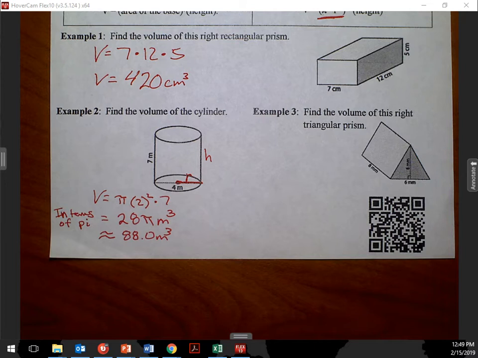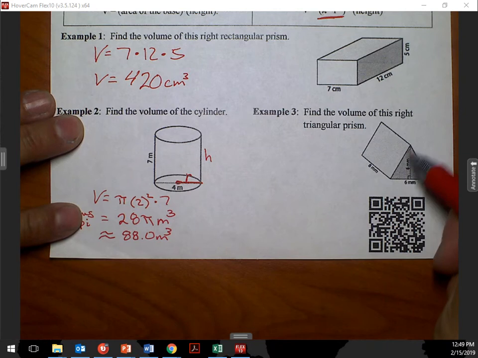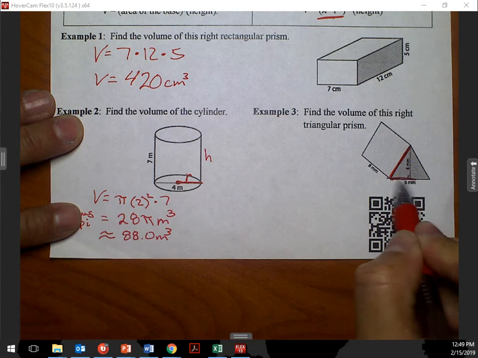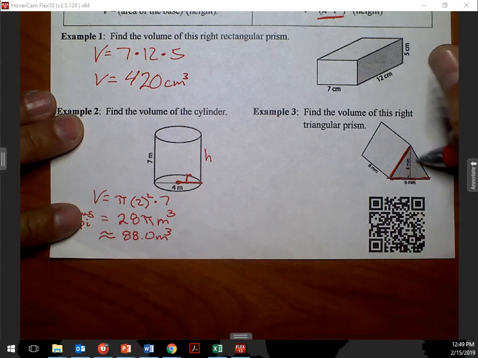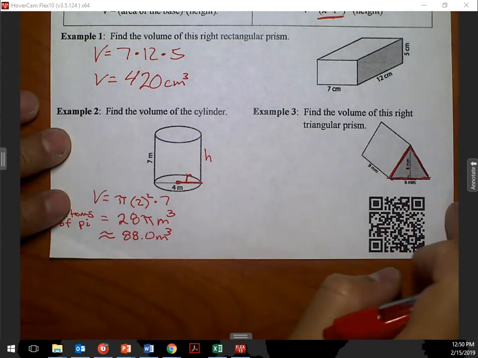Pay attention. In this case, I'm going to use my triangle as the base, but the height is just going to be the thickness of the triangle.